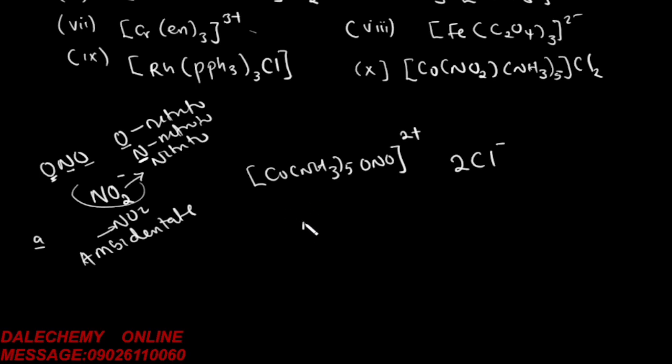So we have O-nitrito, and all we have otherwise is just amine because we have NH3. We see that A comes before nitrito, so we name this first. The name of this compound will be tetraamine.